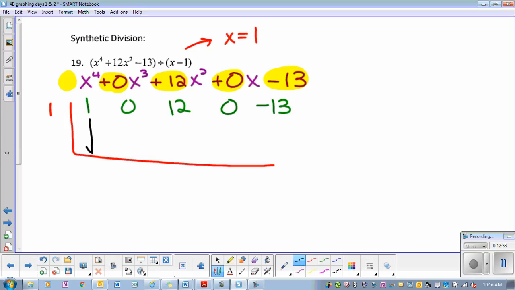So we did this before the break. First one always comes down, straight down. And then diagonally, what do they do? Anyone remember? Multiply. What's 1 times 1? What do you do when you go straight down?